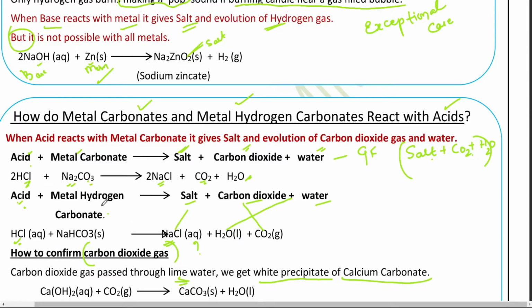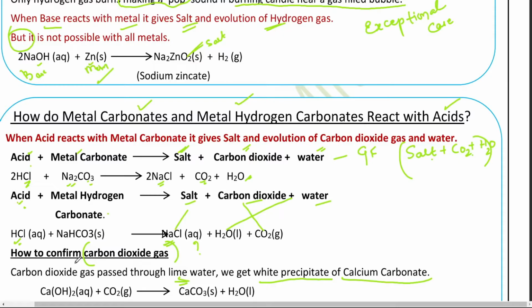So this is nothing but a confirmation for you to understand that the gas which is evolved during the reaction is carbon dioxide. Okay, so carbon dioxide will always give you the white precipitate of calcium carbonate when it is passed through the lime water.